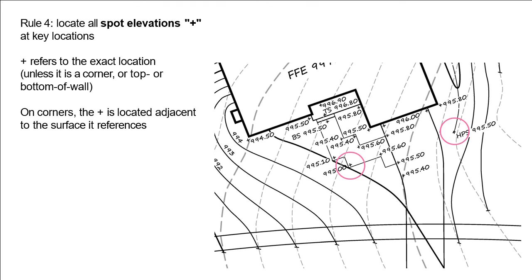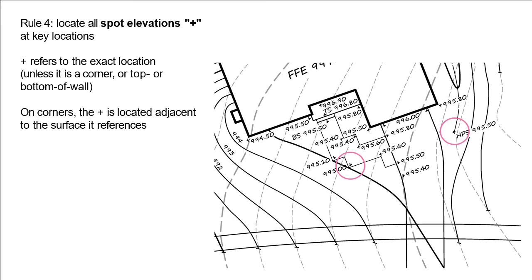Rule number 4 is about the location of spot elevations. Spot elevations are always shown on the surface they are trying to control. So if you see in one of these circles, we have the edge of a sidewalk. The spot elevations are on the sidewalk itself. They are not on the smooth landscape area adjacent to it. They must be on the sidewalk itself.